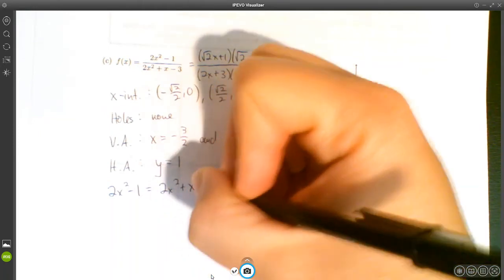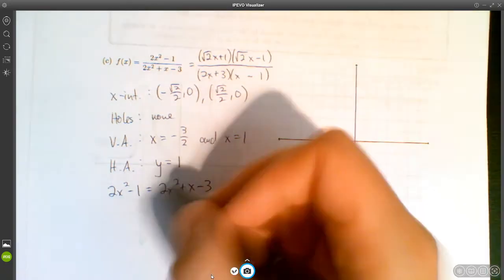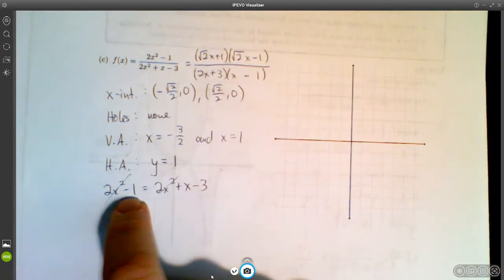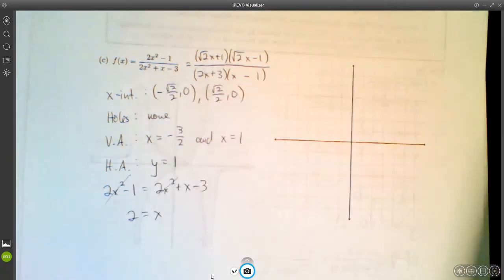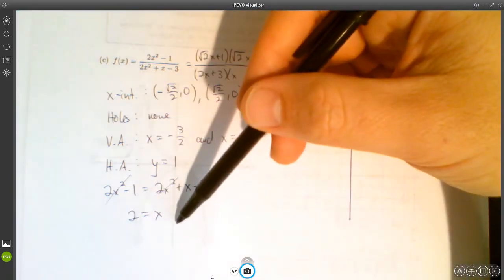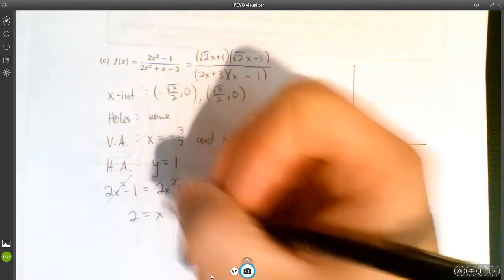So I'm skipping a step, because if I don't, I think I'll run out of room. Okay, 2x squared will cancel. I can move this 3 over there and get 2 equals x. Ooh, interesting. So this graph is going to cross its horizontal asymptote at the point 2, 1, right?